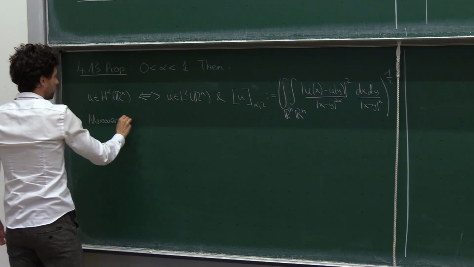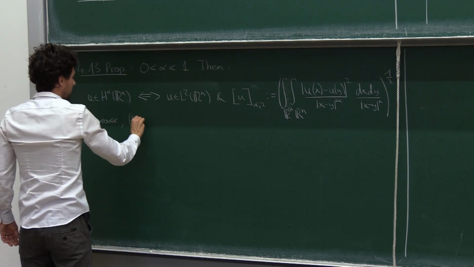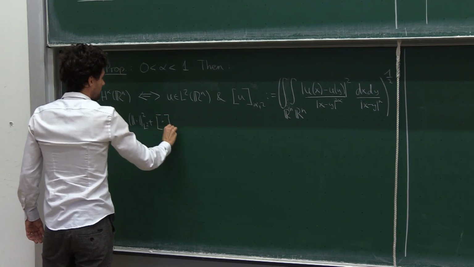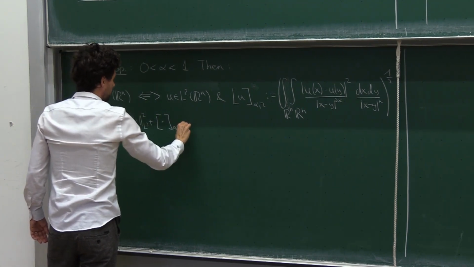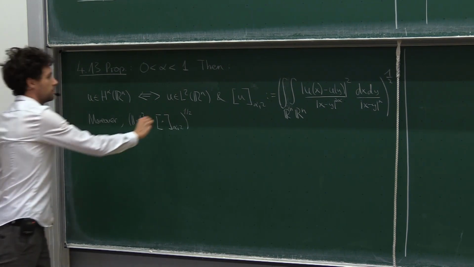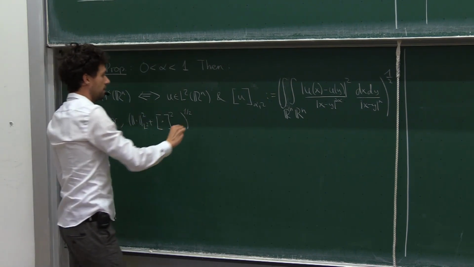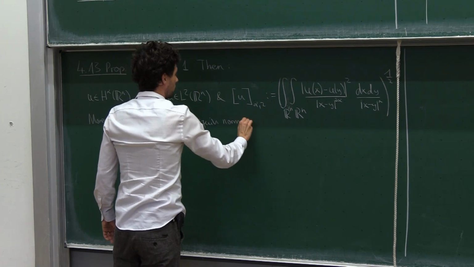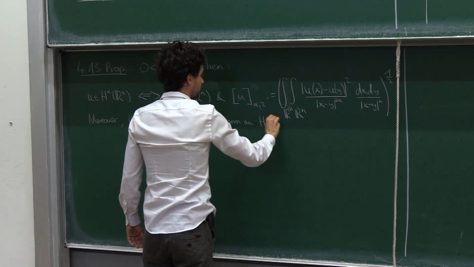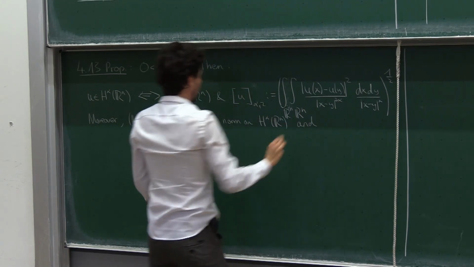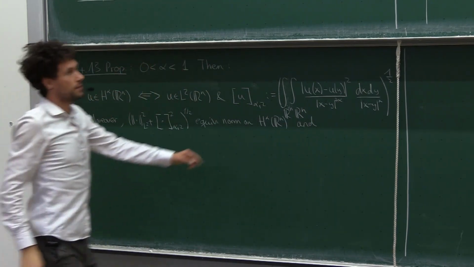you get an equivalent norm by taking the L2 norm plus this fractional norm. You turn it into a Hilbert space norm. This is an equivalent norm on H alpha. And you even have something that resembles a little bit this thing over here.